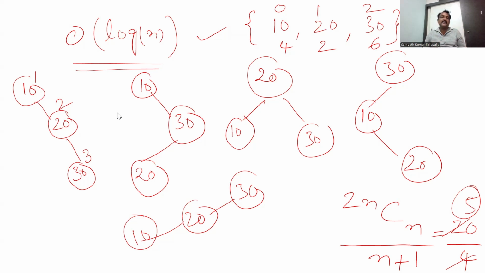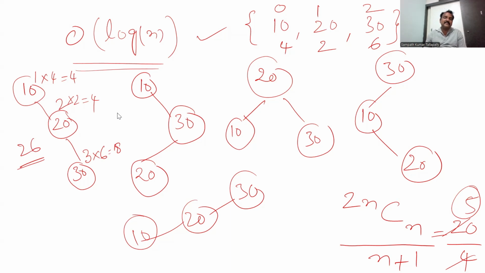Suppose I have these frequencies, now we are going to apply them here. 1 into 4 is equal to 4, 2 into 2 is equal to 4, and 3 into 6 is equal to 18. So 18 plus 8 is going to give you a value of 26. So for searching all these elements, the number of operations which we are going to do is 26.